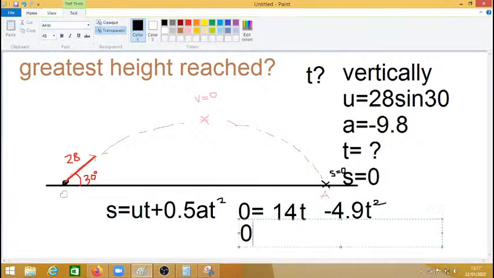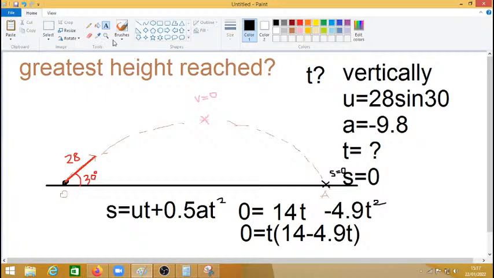It's probably better to make everything positive, but we can work with that. So 14 minus 4.9t is the factorized form. That means that either t has to be equal to 0, which it is at the beginning, we know that. And then the other version is that 14 take away 4.9t has to be 0.